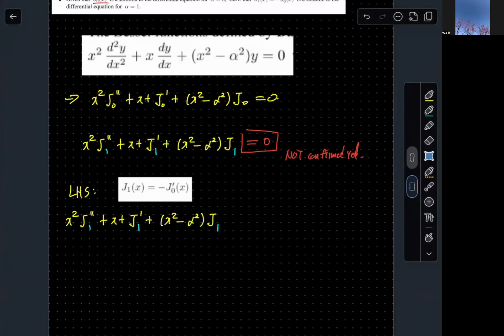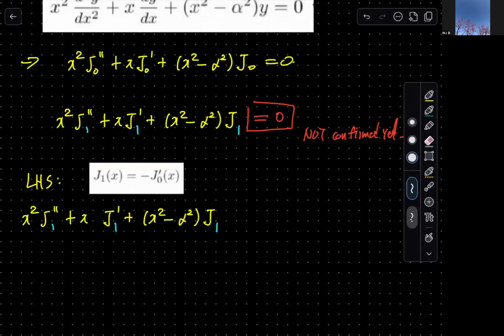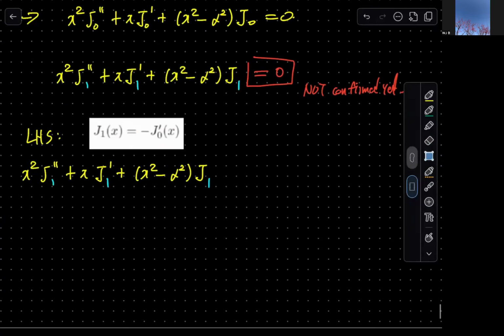So I'll try to use it. In this case, oops, hold on a sec. I think it's x times. Yeah, so this should be x times also. So here what I can do is re-express this: J1 will be the negative of J naught prime of x.